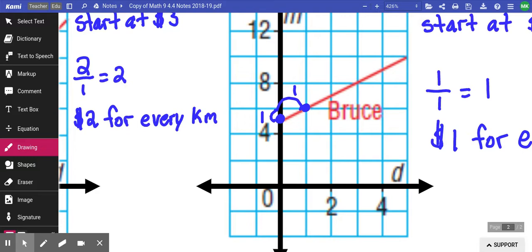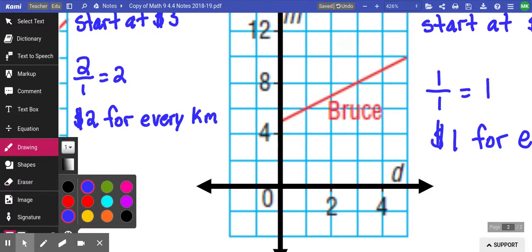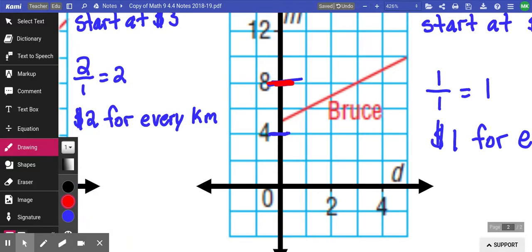So if you look at Bruce's, when you see what it's going up by, for instance, it goes from 4 to 8. I'm going to use red, maybe it'll stick out better. 4 to 8 like that, that means it's jumping by 4, which I think you're cool with.